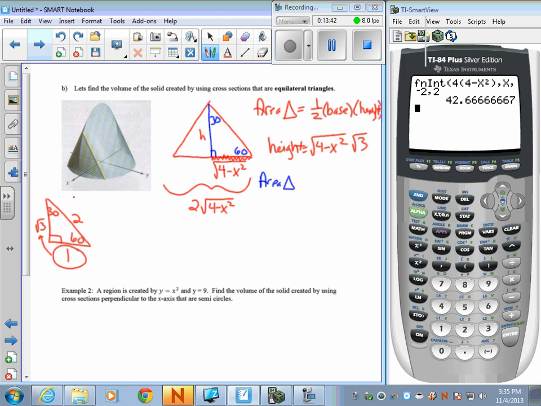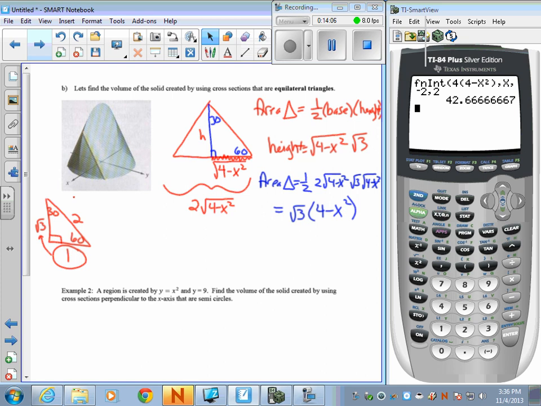The area of the triangle is going to be 1/2 times 2 square root of 4 minus x squared times the square root of 3 times the square root of 4 minus x squared. So when I simplify that, I get the square root of 3 times 4 minus x squared, because the square root of 4 minus x squared times the square root of 4 minus x squared is just 4 minus x squared, which is much prettier.